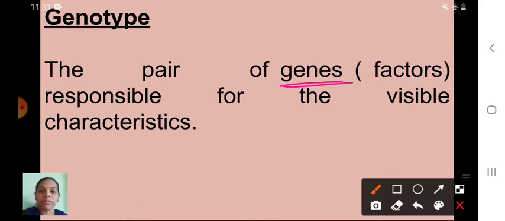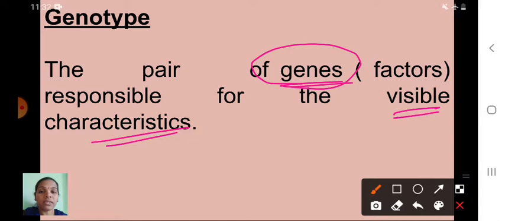The pair of genes is called the genotype. These genes are responsible for the visible characteristics.